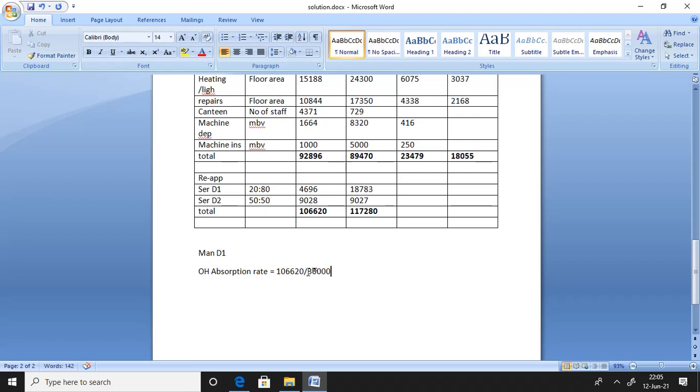That rate is going to be 3.55 kwacha per labor hour.